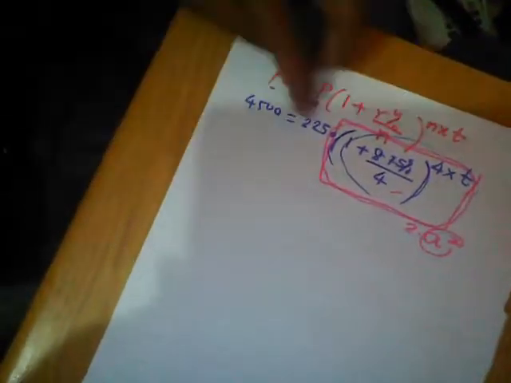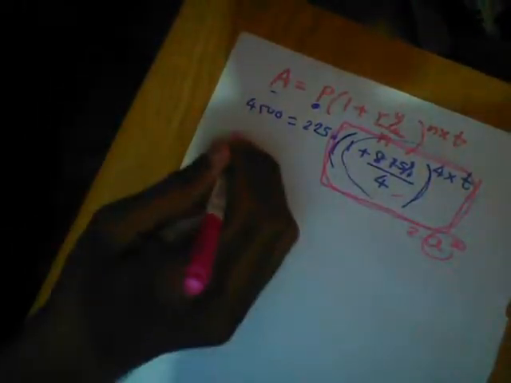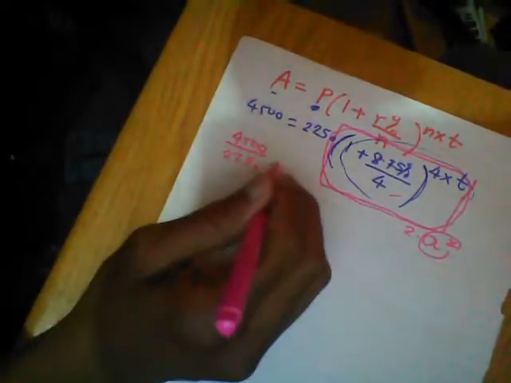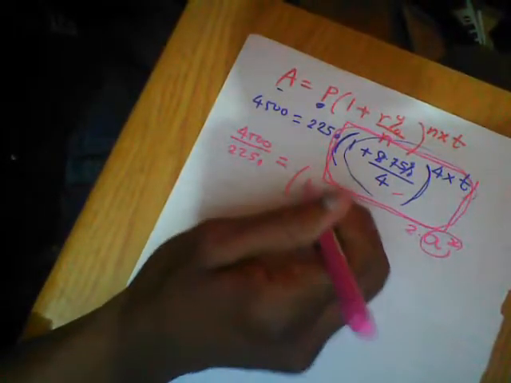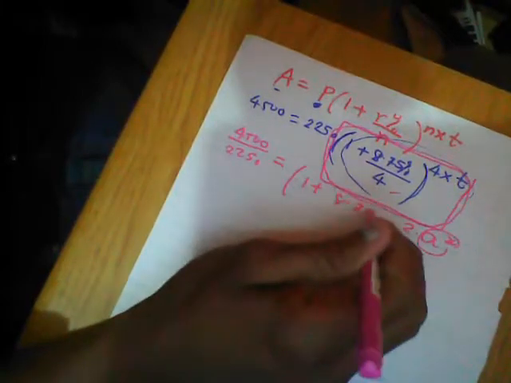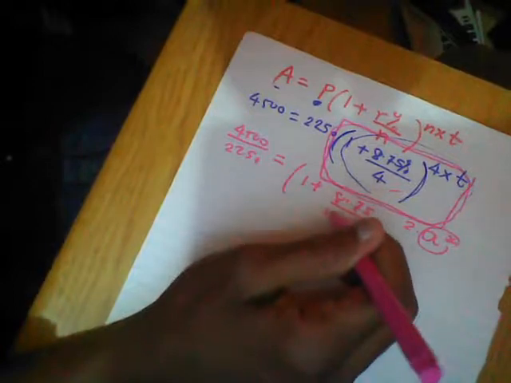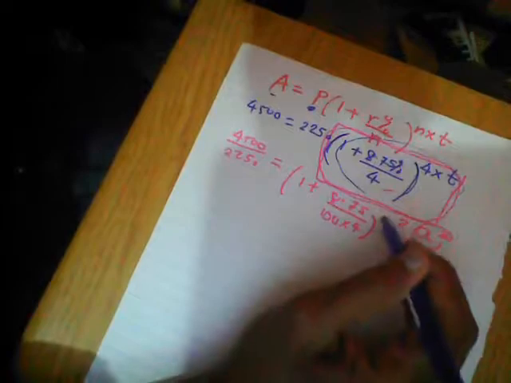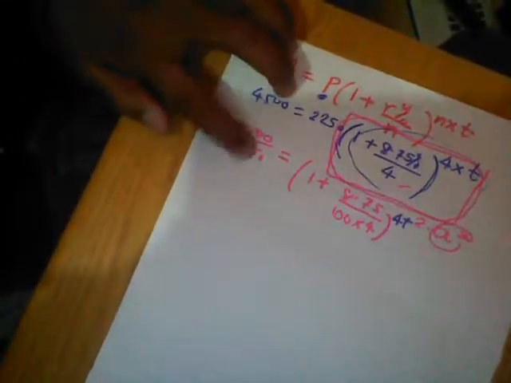Let's say all of this is like K. Then I'm going to divide by 2250, both sides. So 4,500 divided by 2250 means divided by this number, and we're going to be left with this term here, which is 1 plus 8.75 over 100, but we still have a 4 here, multiplied by the exponent. 4,500 divided by 2250 gets 2.